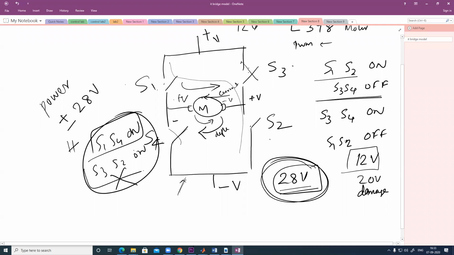If suppose S1 and S4 are on, this positive part and negative part is short circuited. So it will damage the supply system and this IC may damage. So S1, S4 and S2, S3 is not allowed.